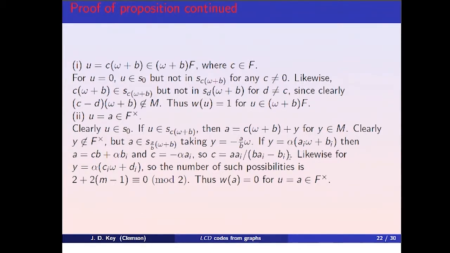So I've argued here, it's just algebra, and we get the number of possibilities is 2 plus 2m minus 1, and then because of our congruence for m, that's even. The 2 is coming from, I think you get 1 from 0, but anyway it works out because it's binary, so you get WA is 0.